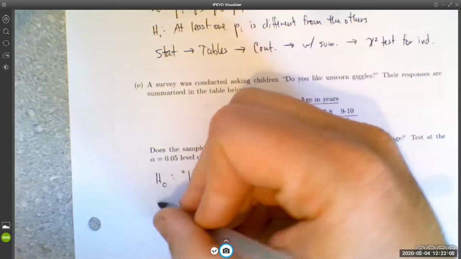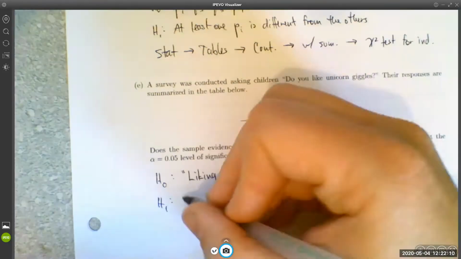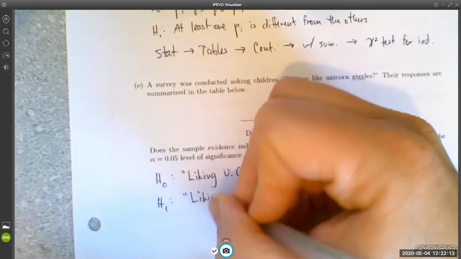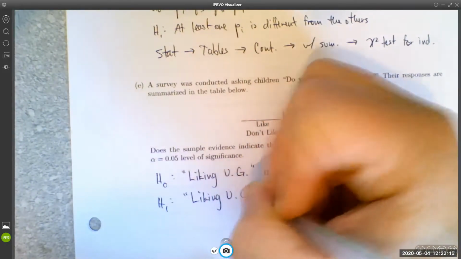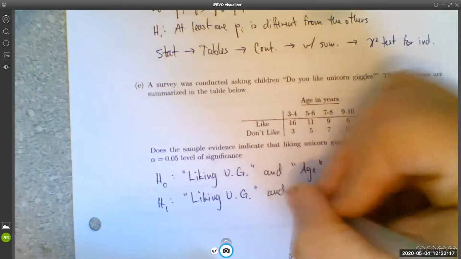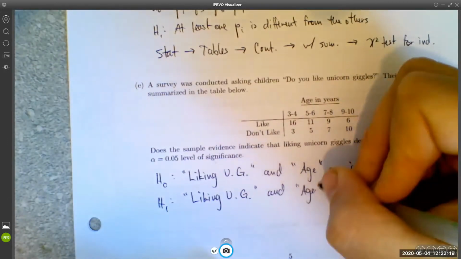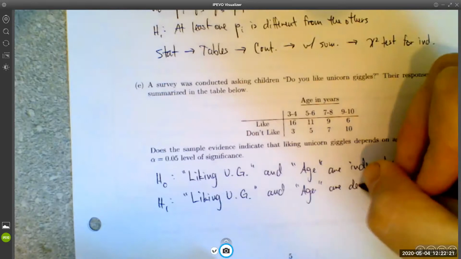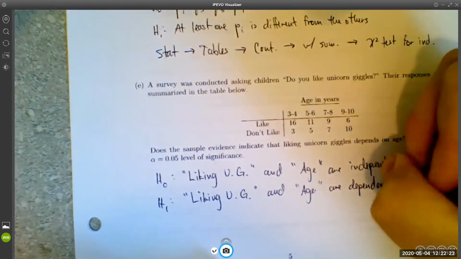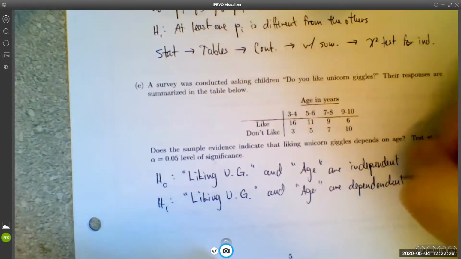That's the null hypothesis. Then the alternative hypothesis is that liking unicorn giggles and age are dependent. Okay.